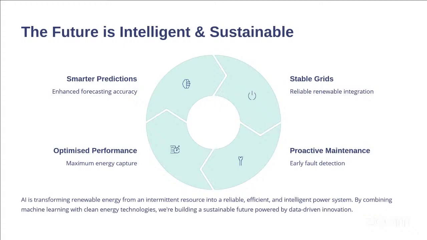That is maximum energy capture. So AI is very good at transforming renewable energy from an intermittent resource into a reliable, efficient, and intelligent power system. By combining machine learning with clean energy technologies, we are building a sustainable future powered by data-driven innovation.